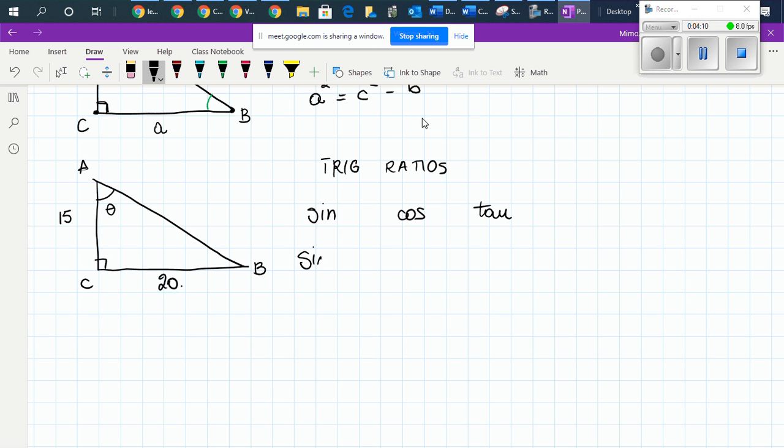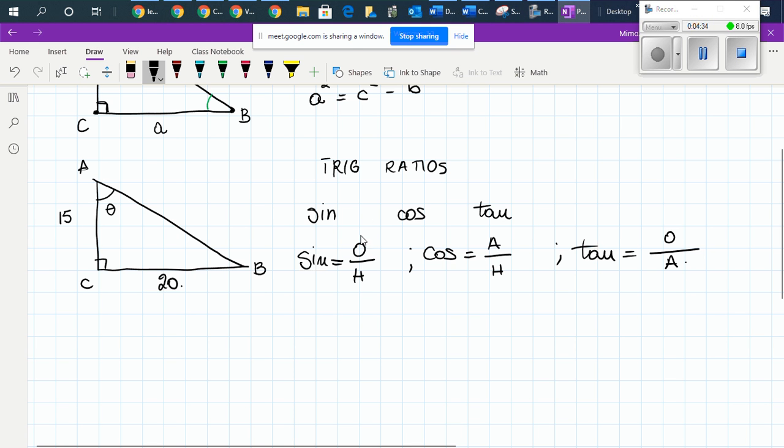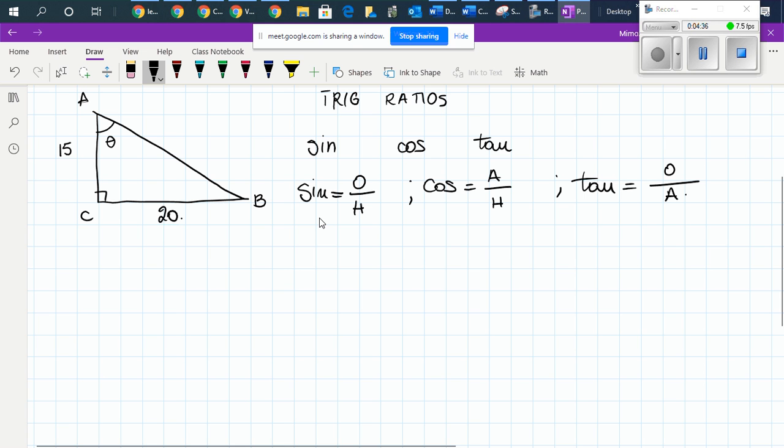Sine is calculated as opposite over hypotenuse, and cosine is calculated as adjacent over hypotenuse, versus tangent, which is calculated as opposite over adjacent. So now what is opposite, what is adjacent, and what is the hypotenuse?